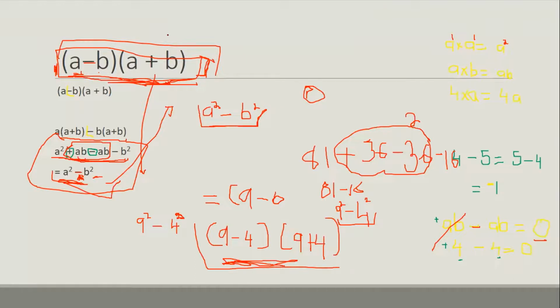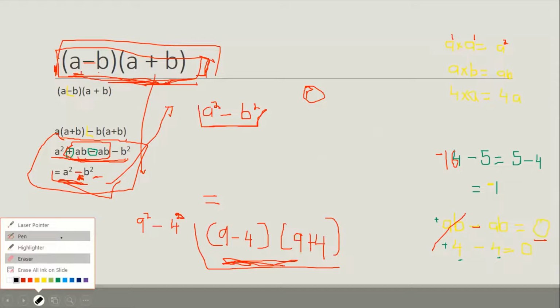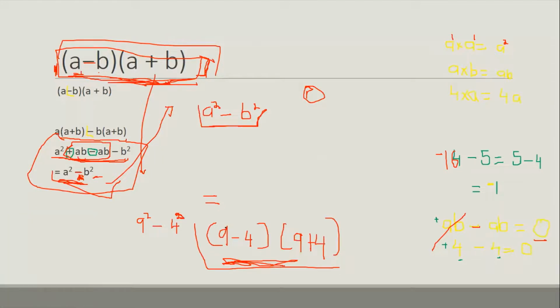Blessed, can you go on and complete this number of 9 minus 4, 9 plus 4? Can you go on and calculate for them and complete it? This one that I've just written now, the double brackets.